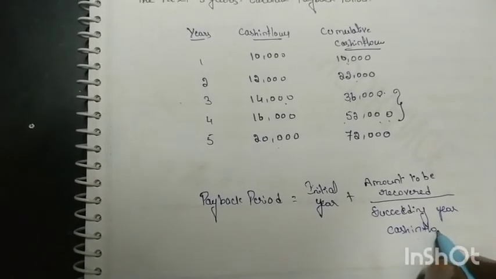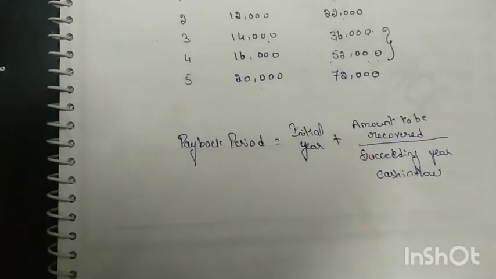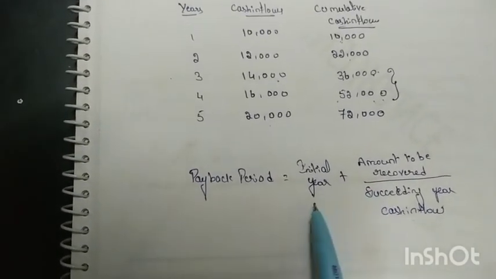So this is the formula which we will use for the calculation of payback period in case of uneven cash flow, that is initial year.